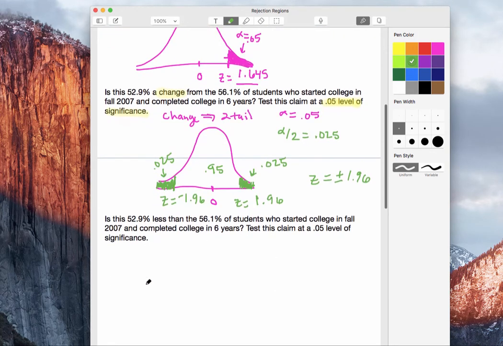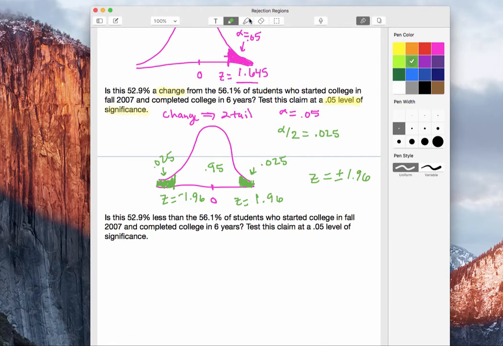And lastly, let's look for those keywords. Is this 52.9% less than 56.1% of the students who started college in fall 07 and completed in 6 years? Test this claim at a 0.05 level of significance. So we're going to go back and we have another normal model because I've checked all my assumptions ahead of time. Let's say standard normal here is centered at 0.